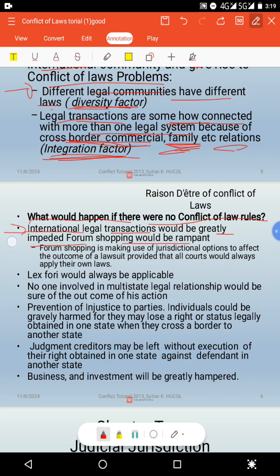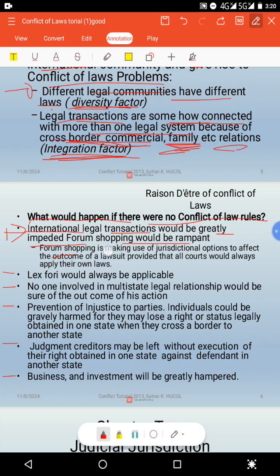So we will discuss this in detail. The main point is, if there is no conflict of law rules, the transactions, legal transactions especially, will be affected a lot.